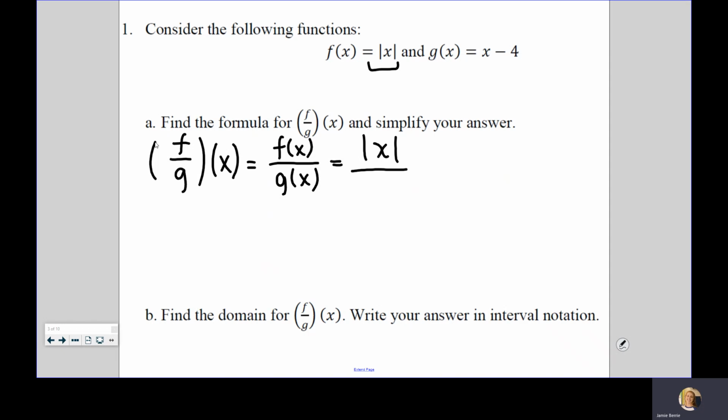And then in the denominator, we have g of x. They told us that g of x was equal to x minus 4, so that goes in the bottom. You're done. There's nothing you can simplify here, no like terms to combine. So this is our formula for f divided by g of x.